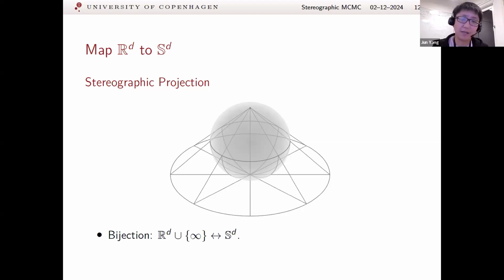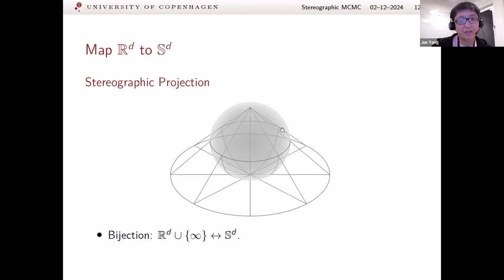In this picture, it's a high dimensional sphere. Then we design a Markov chain running on the sphere to sample the transformed target, and then we can transform back to the Euclidean space. Then we automatically get a Markov chain Monte Carlo algorithm that samples the original target distribution. So basically that's the idea.